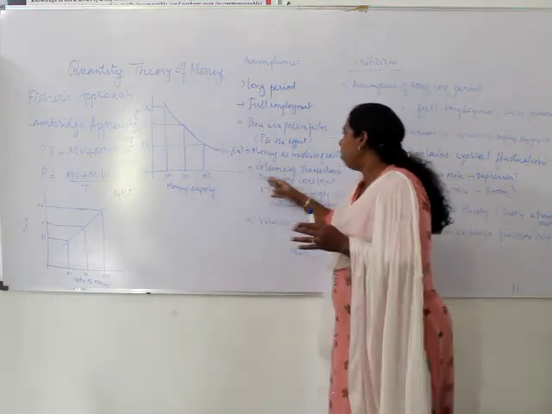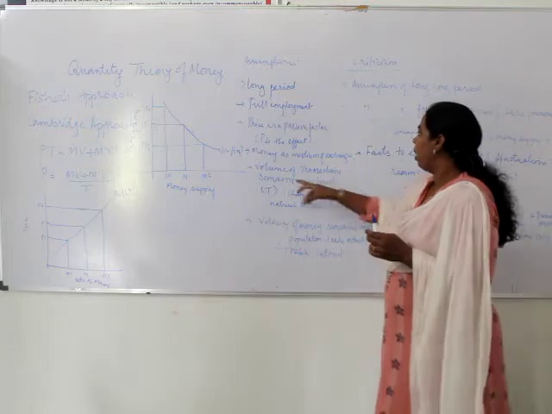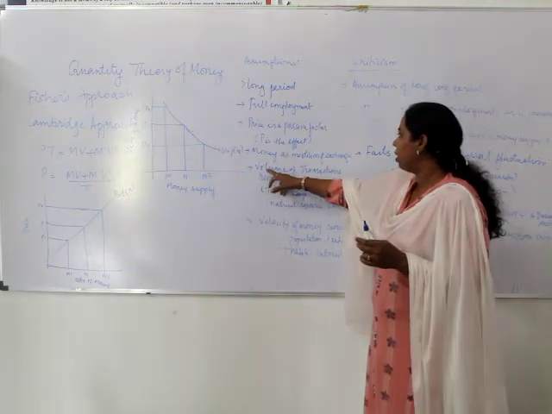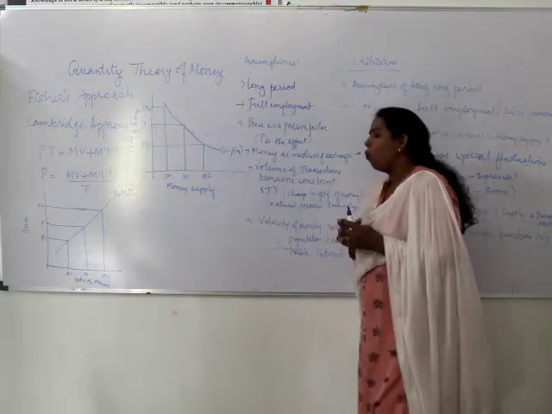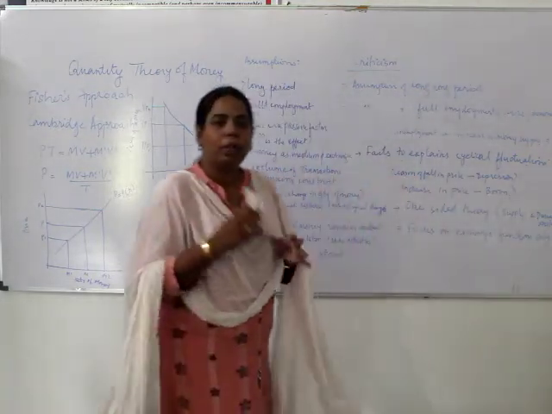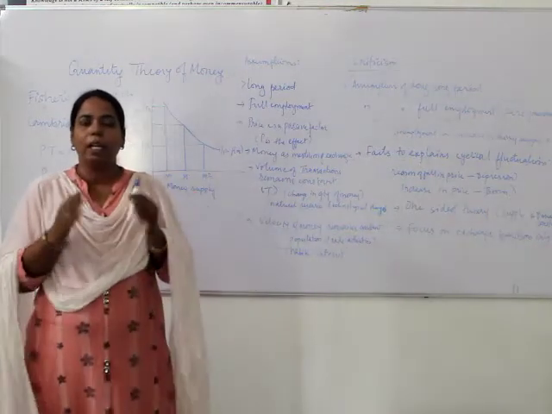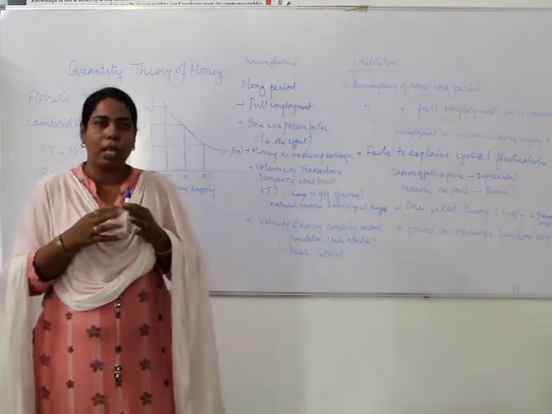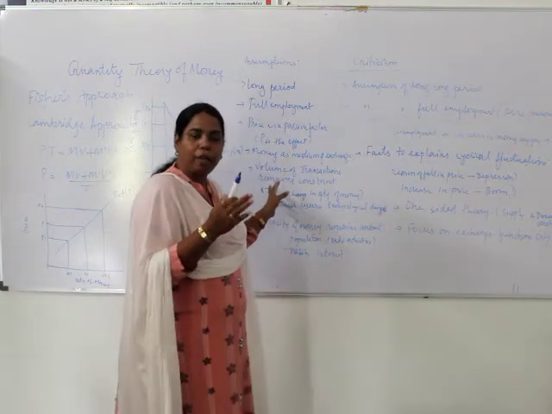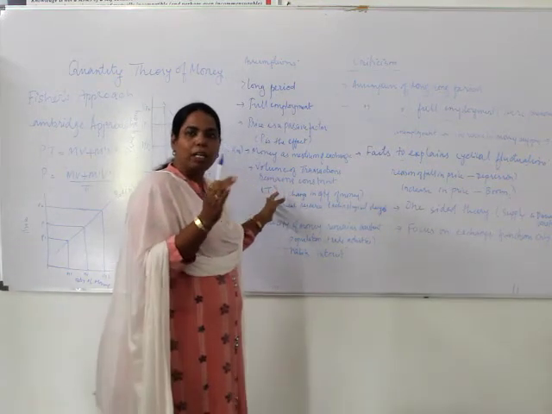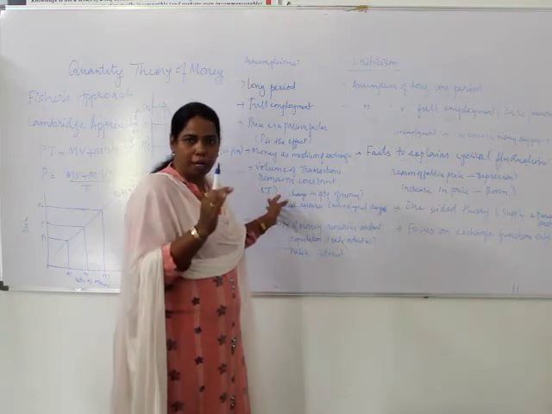Then the next assumption was that the volume of transactions remains constant. What does it mean? It means that the total number of transactions is not affected, or will not be changed, due to a change in the quantity of money.